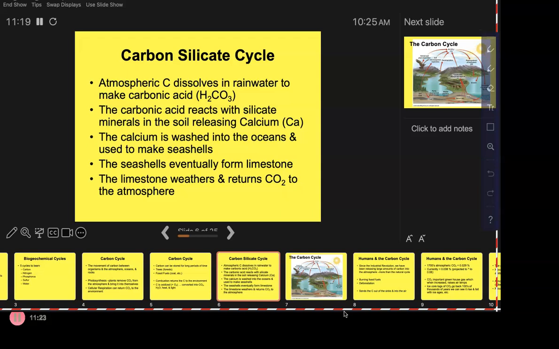The seashells are made out of something called calcite, which is calcium carbonate. So they pull in the carbon, it's actually CO3 at that point, out of the oceans. It's another reason we want carbon in our oceans, so we can have all our seashell critters.